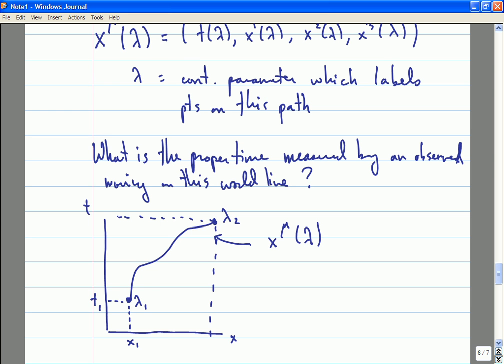And we would like to ask, what is the total proper time as measured by an observer moving along this world line?